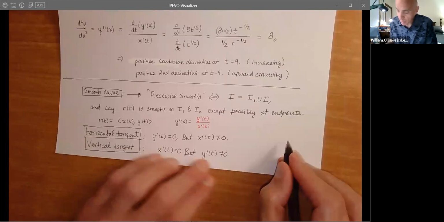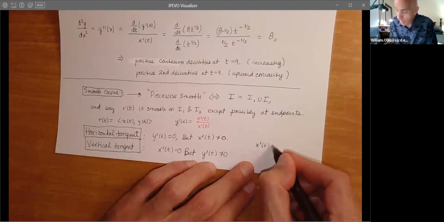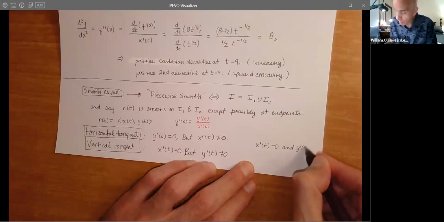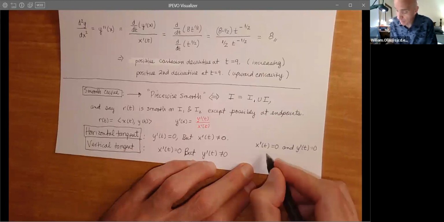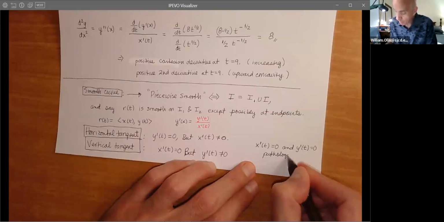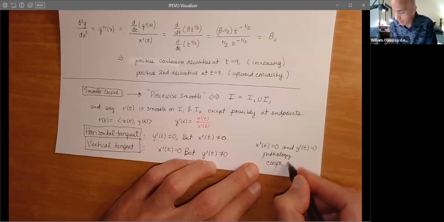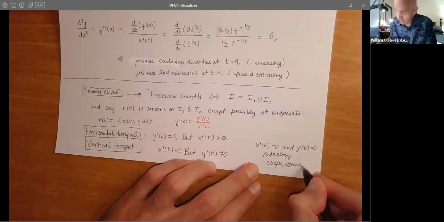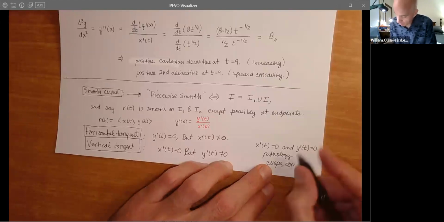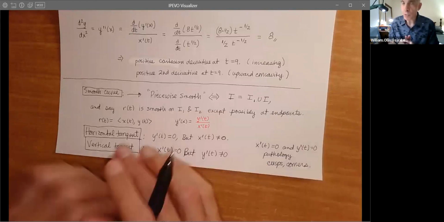And so basically, if we have x prime of t equals 0 and y prime equals 0, we think of this as a pathology. We think of cusps, corners, things like that. And we can't just mow over these with integrals.